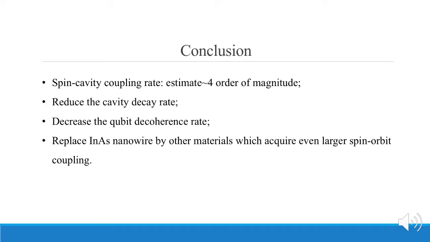It also proposed some methods to reduce the cavity decay rate or to decrease the qubit decoherence rate in order to increase the spin cavity coupling rate. It suggests that we could possibly replace the indium arsenide nanowire with other materials which require even larger spin orbit coupling. We could probably try nuclear spin-free germanium silicon core shell nanowires.